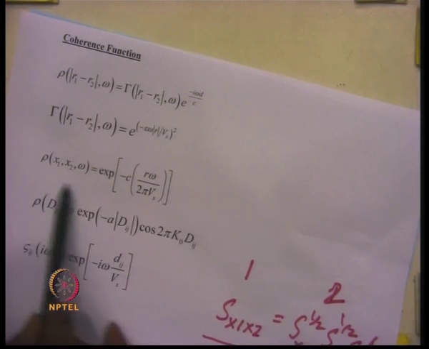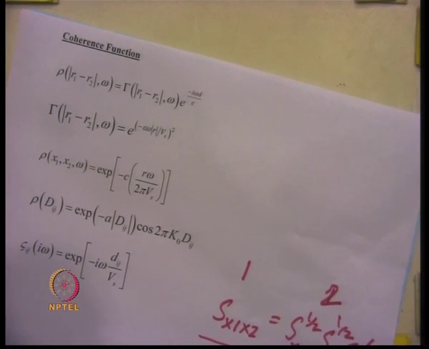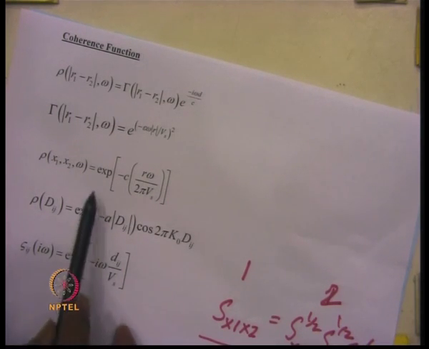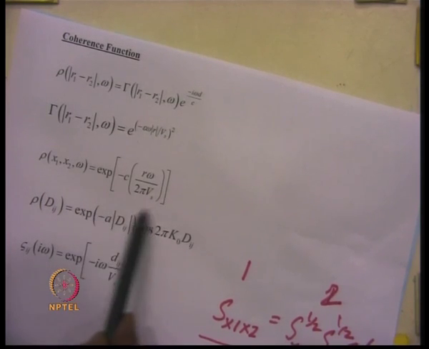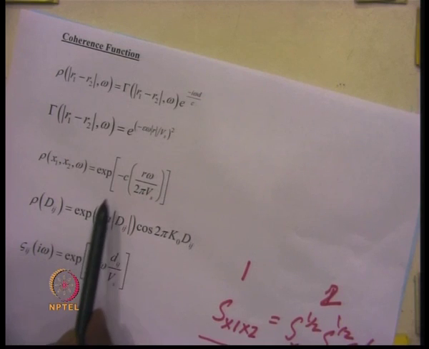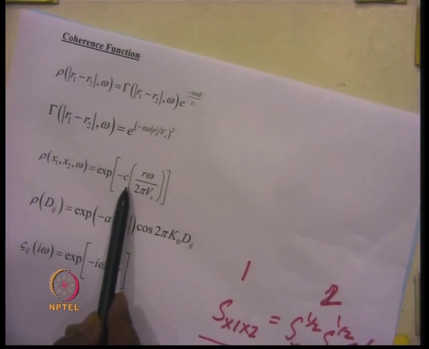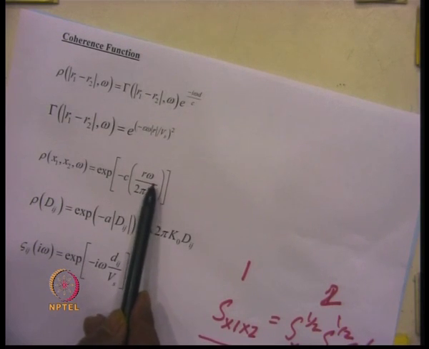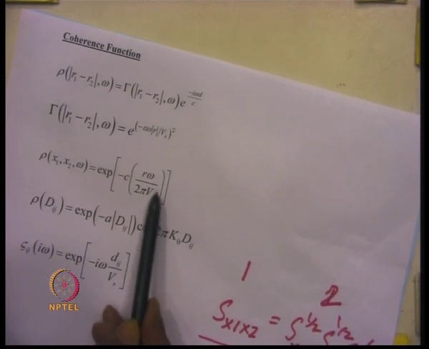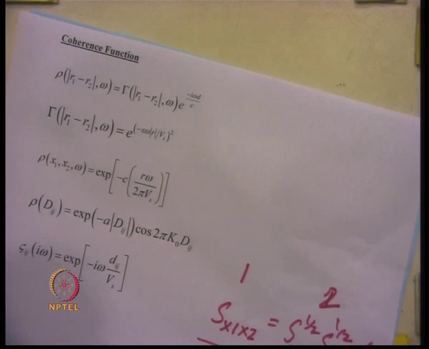A very popular coherence function which is used in many cases is given by this expression. This is again an exponentially decaying function with a constant c specified. R is the distance between the 2 points, omega is the frequency and Vs is the shear wave velocity of the earthquake.